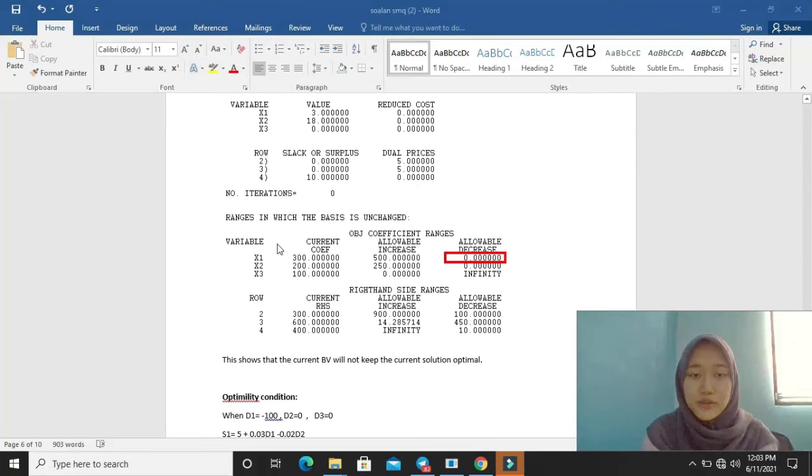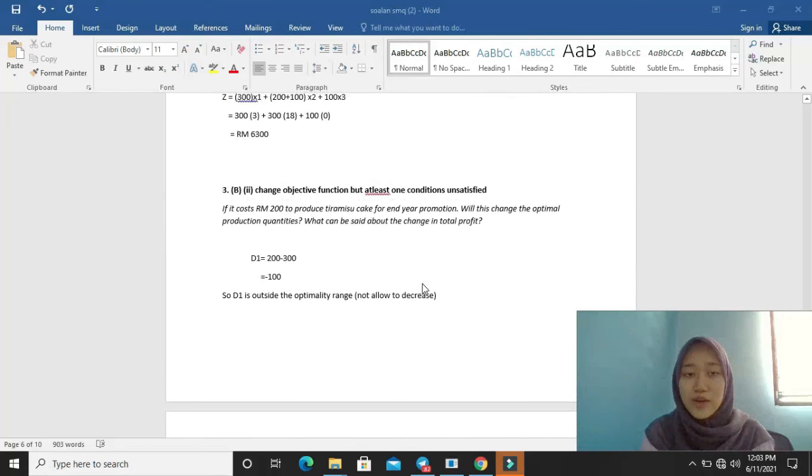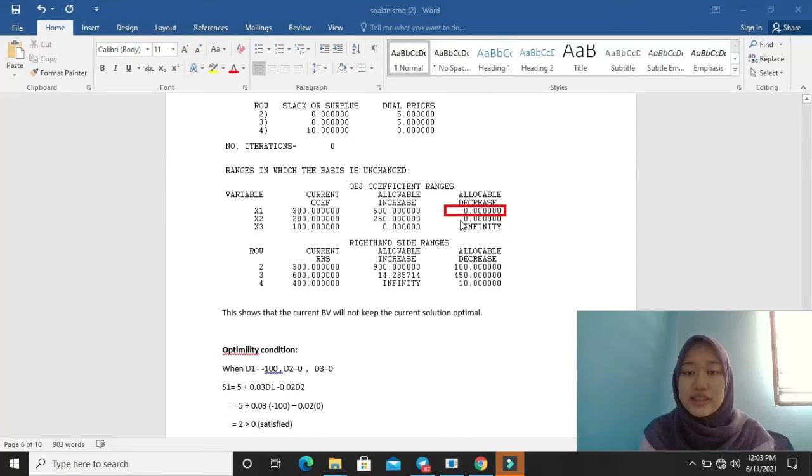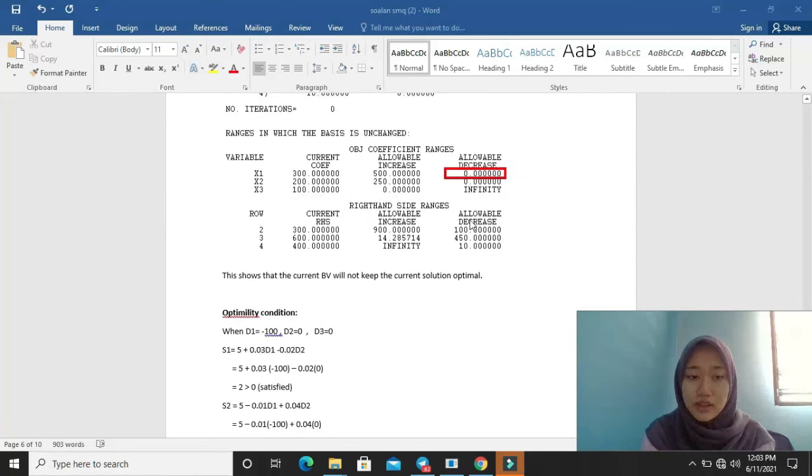Alright, so if you can see here the objective coefficient range for tiramisu, the allowable decrease is 0. Since we obtain that the decrease is 100, D1 is outside the optimality range and not allowed to decrease because the allowable decrease is 0.